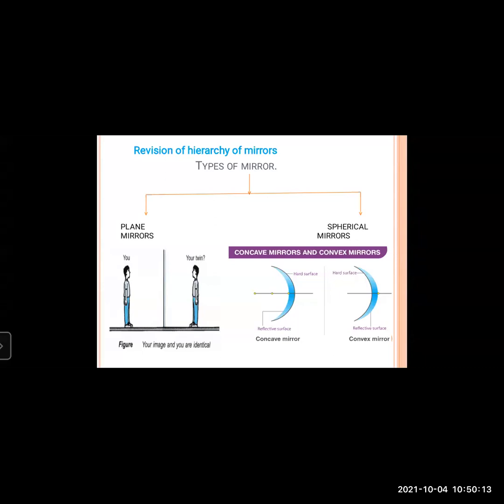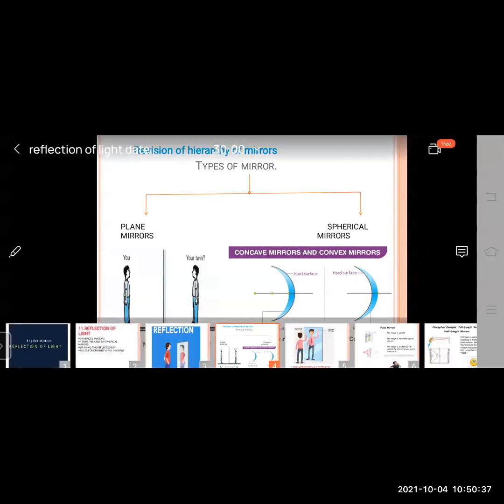Depending on the reflective surface, they are identified into two types. So when the reflective surface is inside the curve, it is a concave mirror, and when the reflective surface is outside the curve, it is a convex mirror.